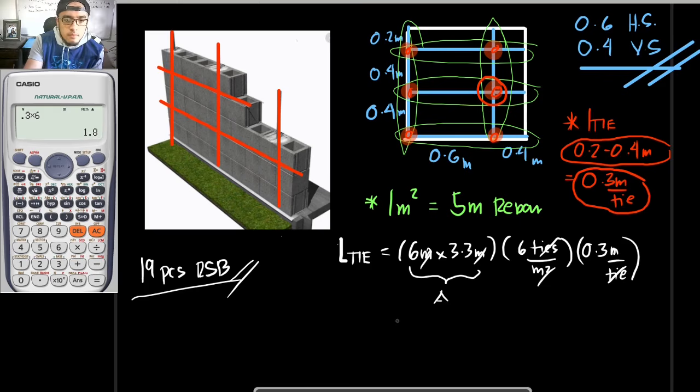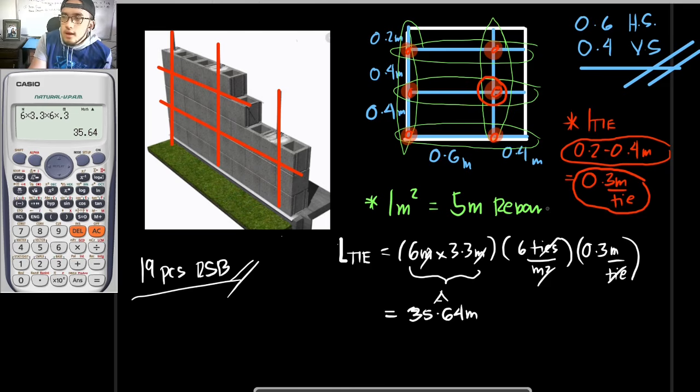So, by that, the length of the tie would be 6 times 3.3 times 6 times 0.3. So, our answer here would be 35.64 meters. So, that is to be for our length of the tie.